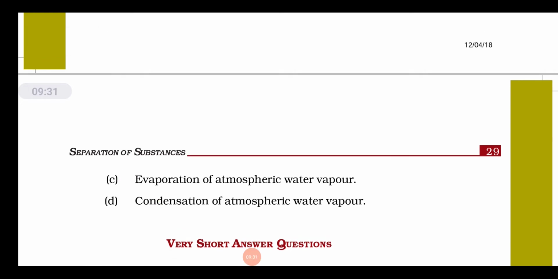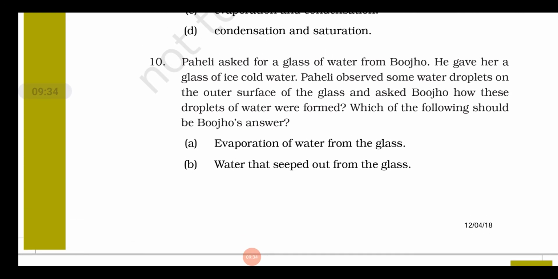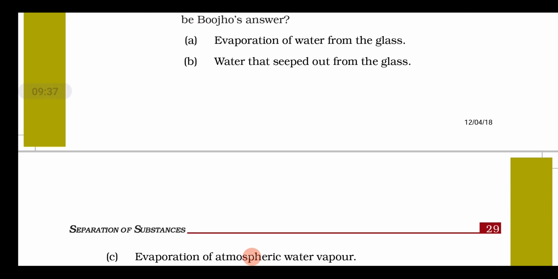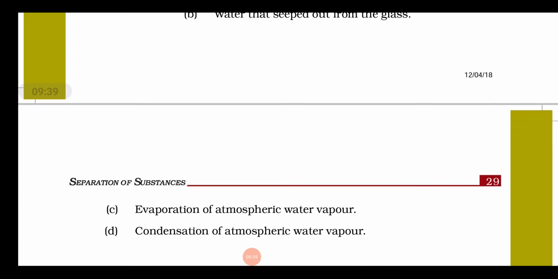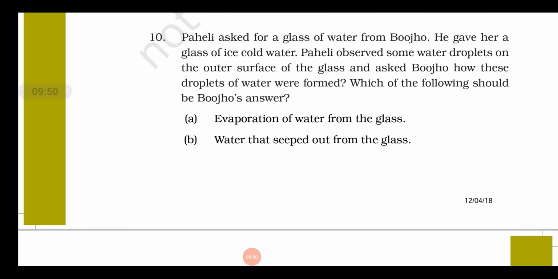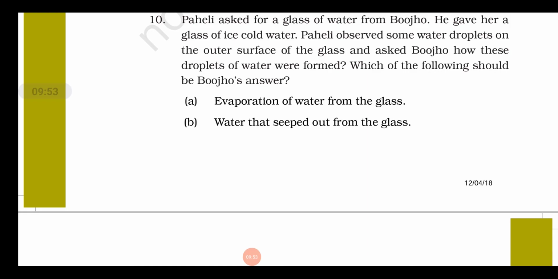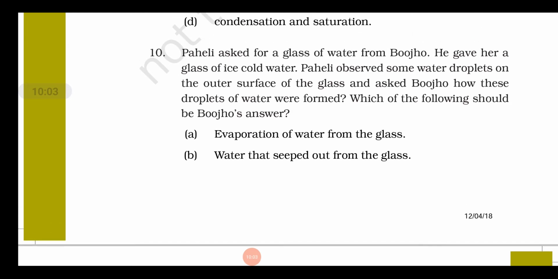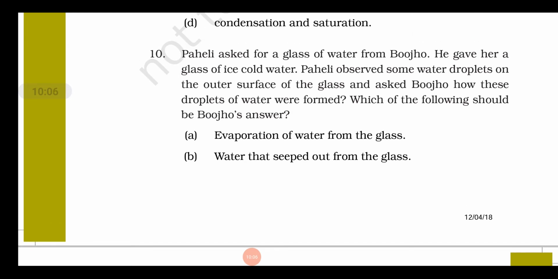So let us see what should be the correct answer. Here the condensation of atmospheric water vapor, this should be the correct option. Condensation of atmospheric water vapor. Now you see, the droplets of water were formed when the air reaches the surface of the ice cold glass, and the water vapors of the atmosphere get condensed, okay, and form water droplets on the outer surface of the glass.